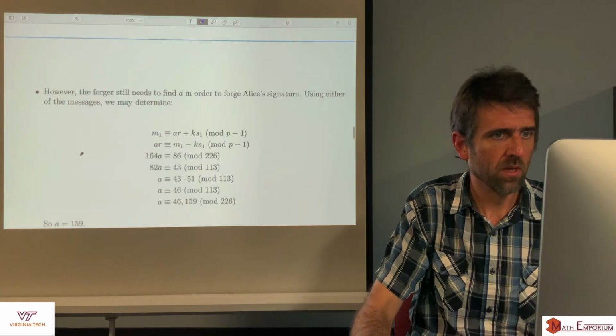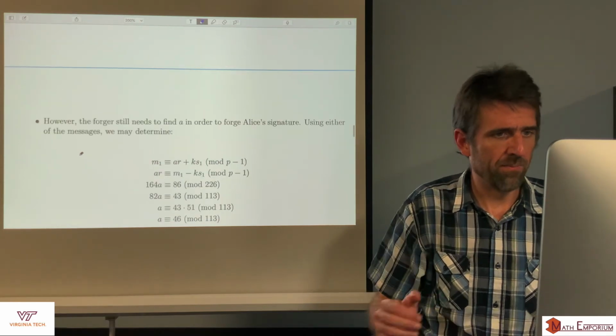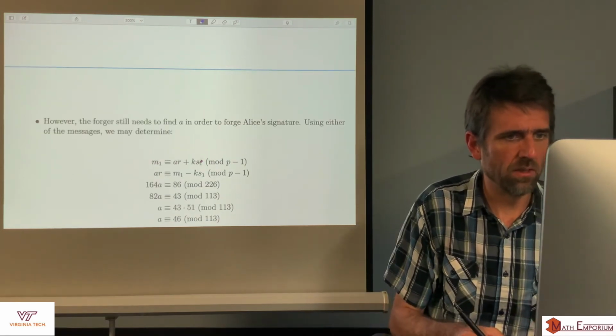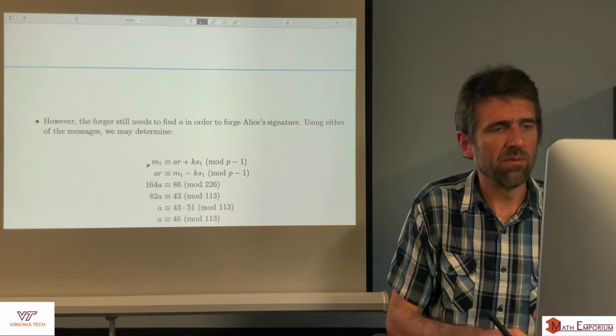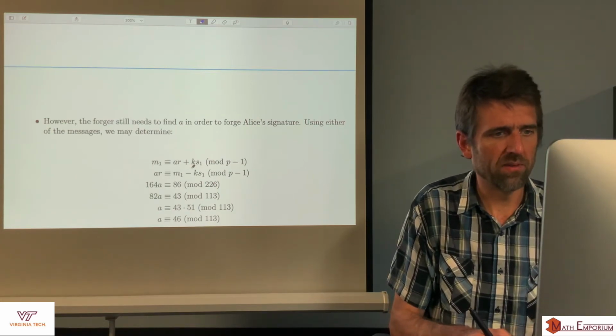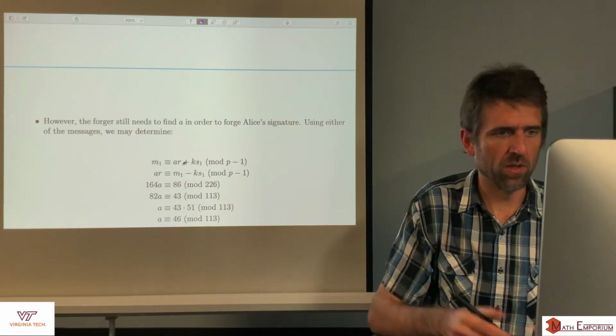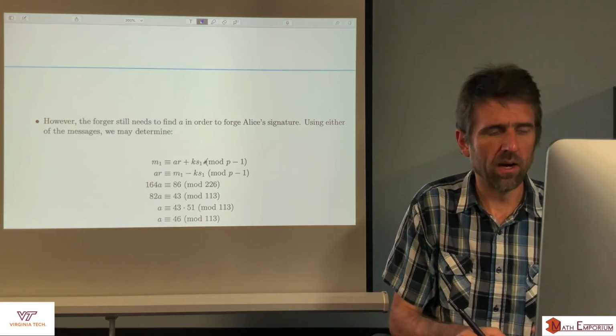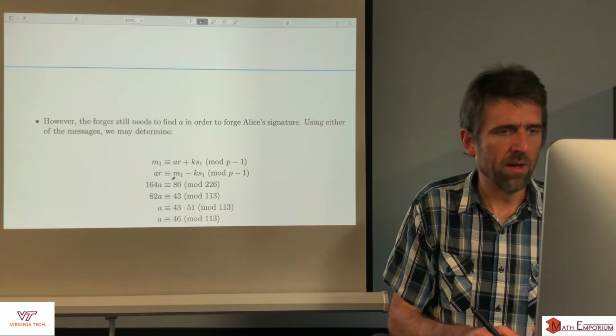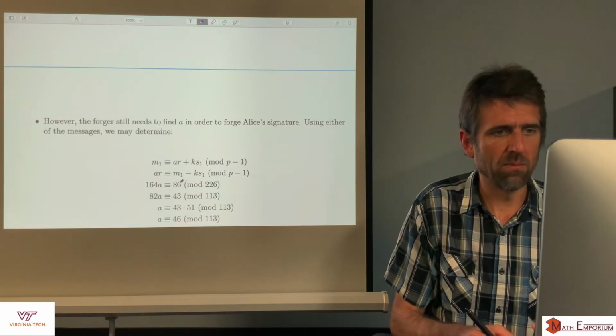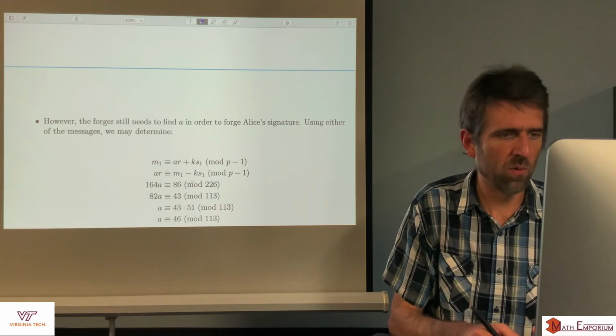So remember the congruence that we used to determine S started as M1 congruent to A R plus K S1 mod P minus 1. And so this is using the triplet M1, R, S1. And then I'll just shuffle that around a little bit. So A times R is congruent to M1 minus K S1.